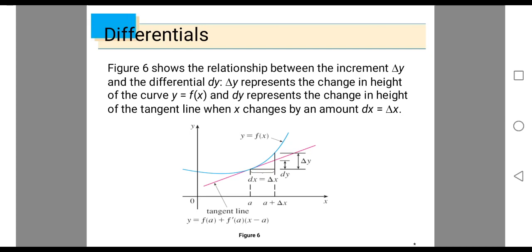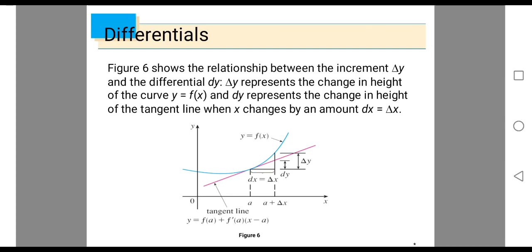Sometimes the notation df is used in place of dz. It doesn't really matter, but if you see it in a question or an equation, you have to know that this df is equal to dz.